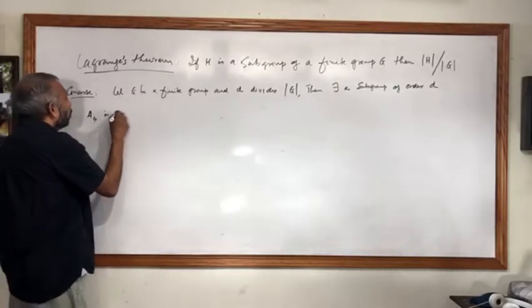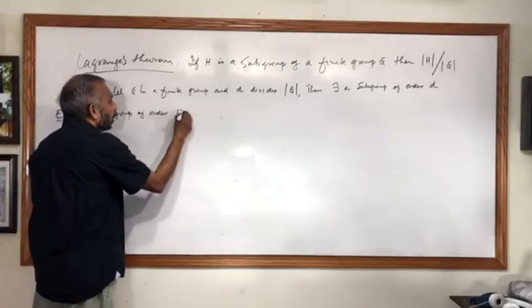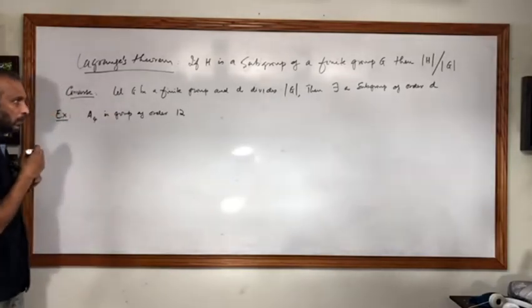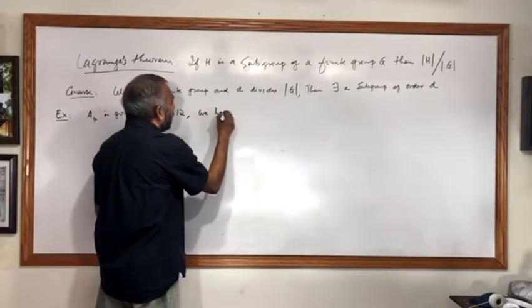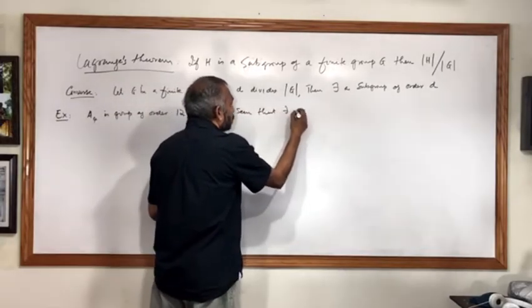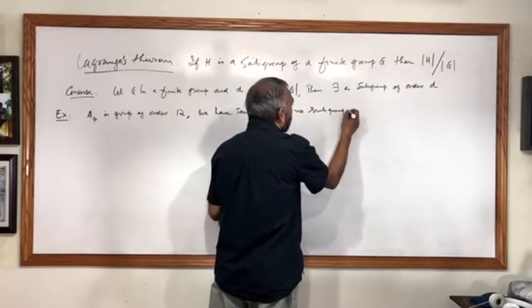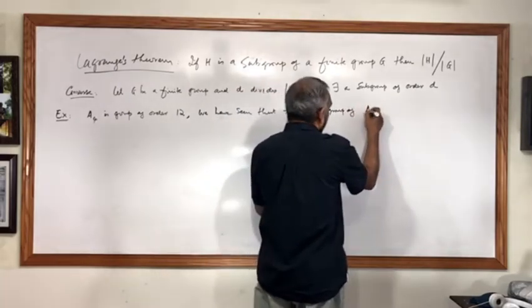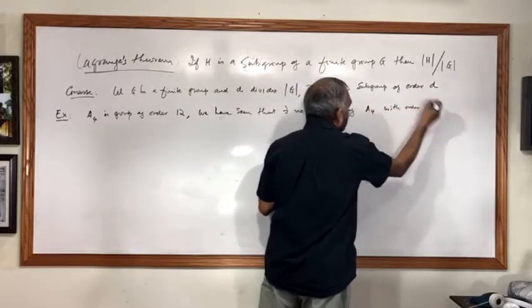It is a group of order 12. And we have seen that there exists no subgroup of A4 with order 6.